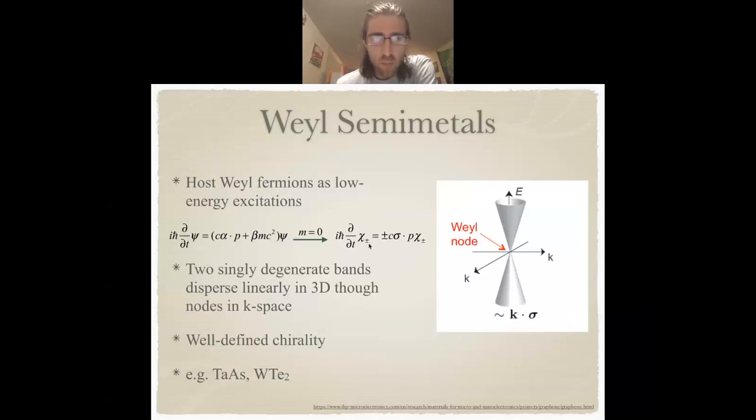So you can have materials with these protected band crossings based upon symmetry. There are also materials with accidental band crossings, which are not protected by symmetry. The recipe is you need 2 singly degenerate bands which disperse linearly through K-space with a well-defined chirality. Some examples are tantalum arsenide and tungsten ditelluride.